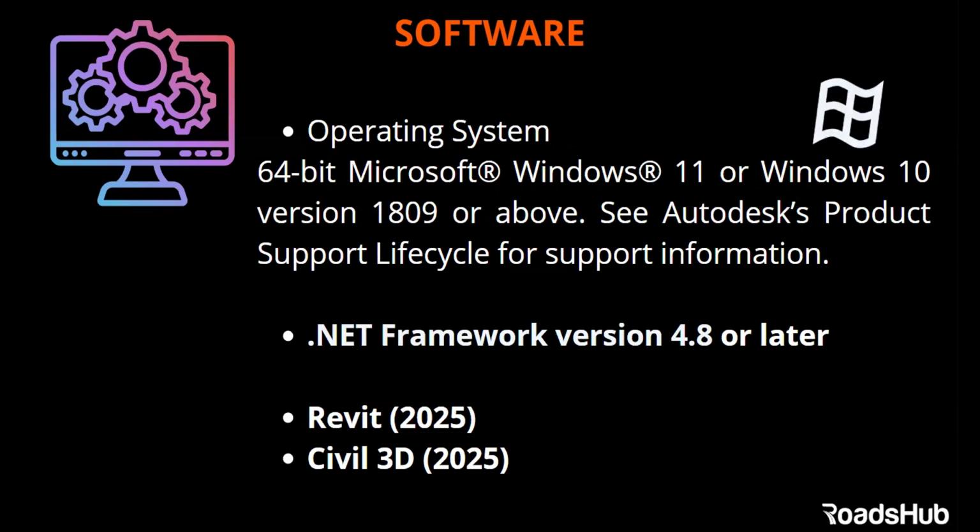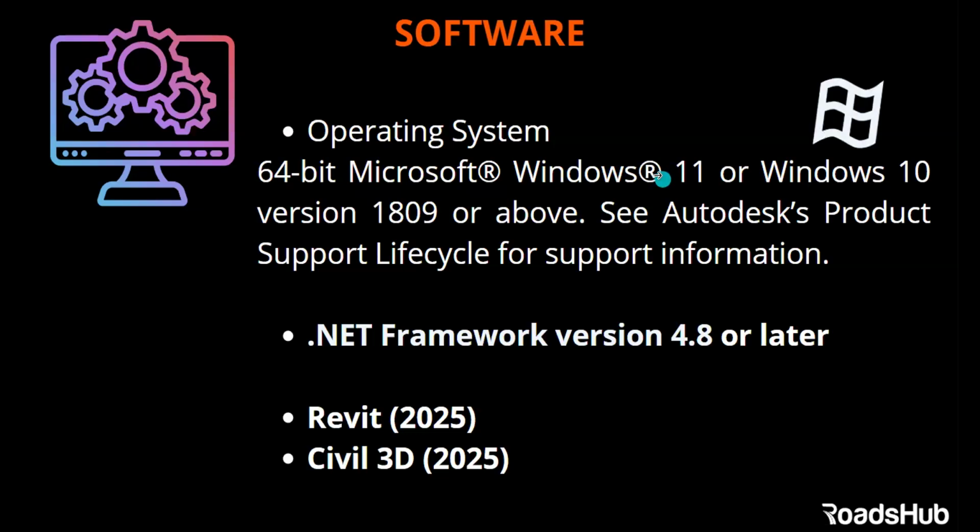I can take this moment to note that those having MacBooks, it will be a challenge for you to install AutoCAD, Civil 3D and Revit. They were not developed to be used on iOS or the Macintosh operating system. So for you to get around that, you'll have to create a Windows environment.